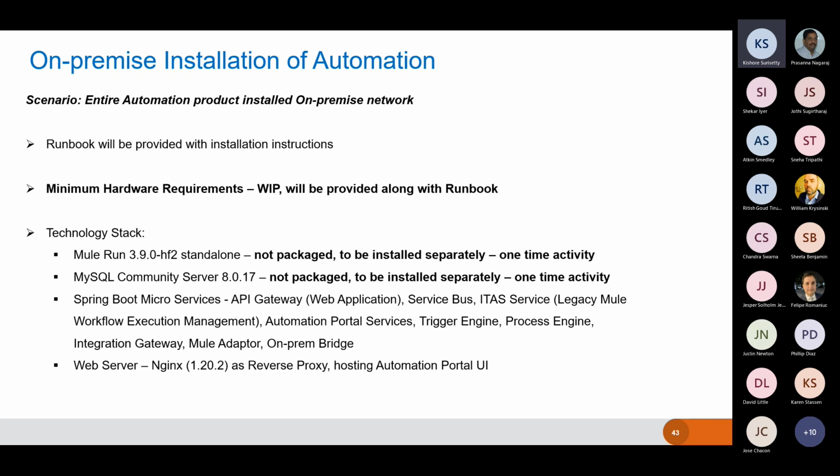Then we have the web server, Nginx 1.22, as a reverse proxy, which also hosts the automation portal UI.